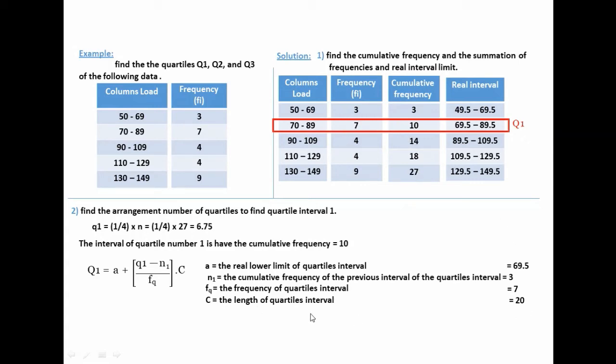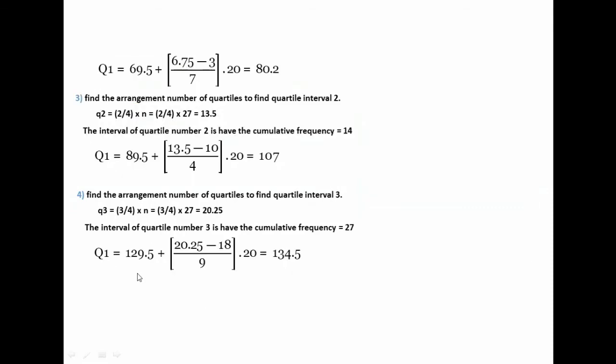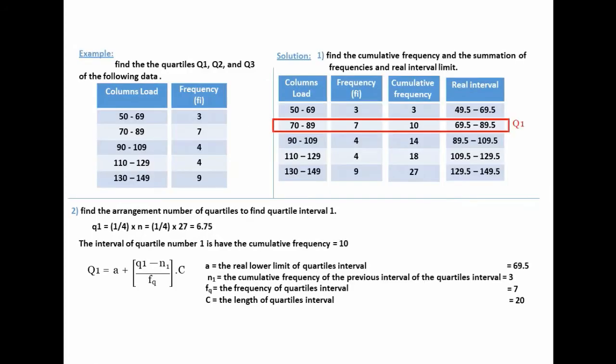And C is the step size, the length of the class interval, which is 20. Now, putting the values in this formula, Q1 is equal to 69.5 plus (6.75 minus 3) divided by 7 multiplied by 20, where 6.75 represents the arrangement number of the quartile, which is equal to 82.